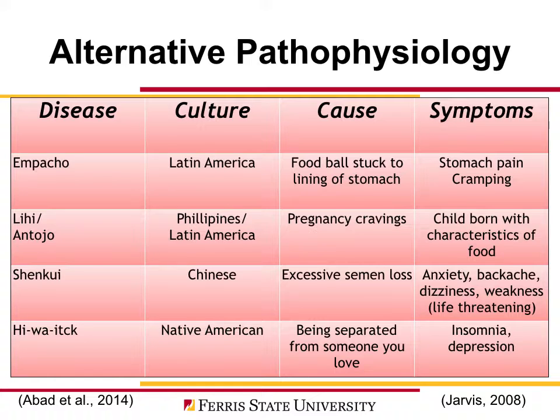A related term we might use here is an ileus. But there are so many things that could cause stomach pain and cramping. Maybe it's a gallbladder attack. So how would we as nurses explain to a patient that they're going to have surgery for what they thought was empacho, something that's usually not too big of a deal, but now they're having surgery for something that they don't understand and they don't think they need?